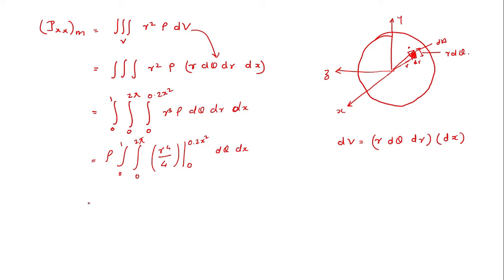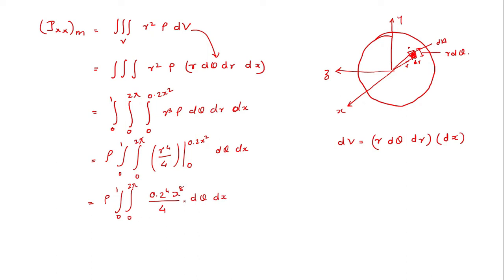Now this will be equal to rho, 0 to 1, 0 to 2 pi, r raised to 4, we substitute 0.2 x squared raised to 4, so as such you will get 0.2 raised to 4 into x raised to 8 whole divided by 4, into d theta dx.